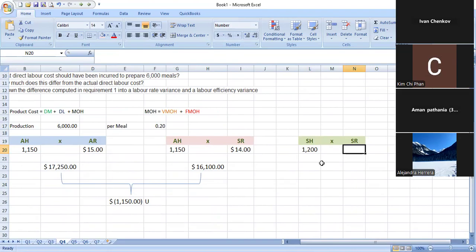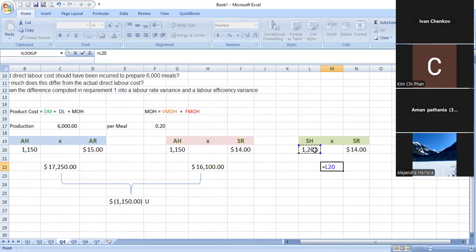And the standard rate is the standard rate. So where are we here? I want to change this to dollar amount. Based on our standards, how much are we supposed to spend?